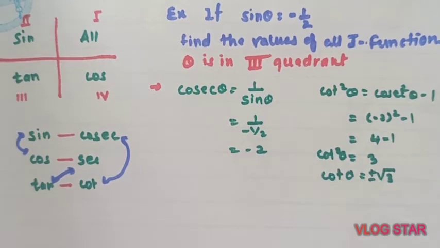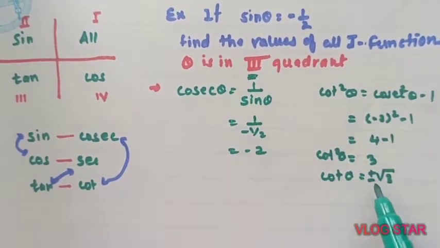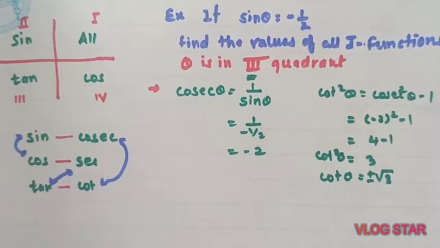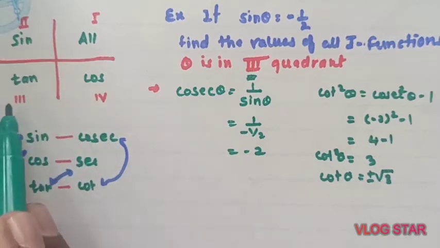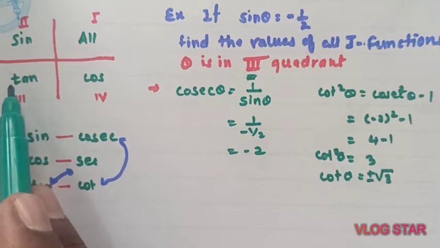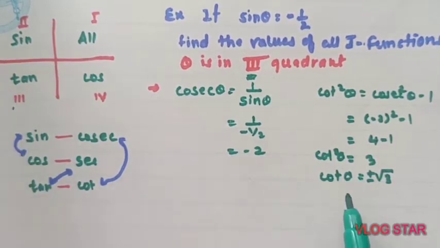So what is the role of the quadrant that comes into play? Should I take the negative root or the positive root? That we have to decide on the basis of the quadrant. In the third quadrant tan and its reciprocal are positive. Tan's reciprocal is cot. So tan and its reciprocal cot are positive.